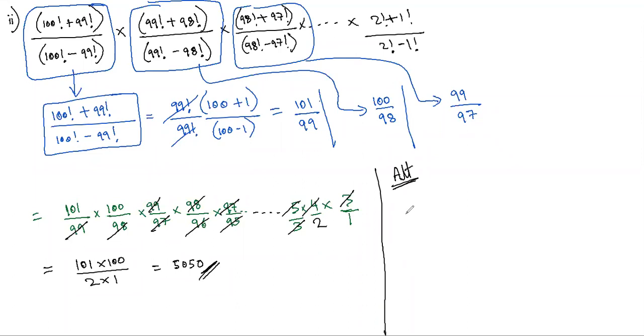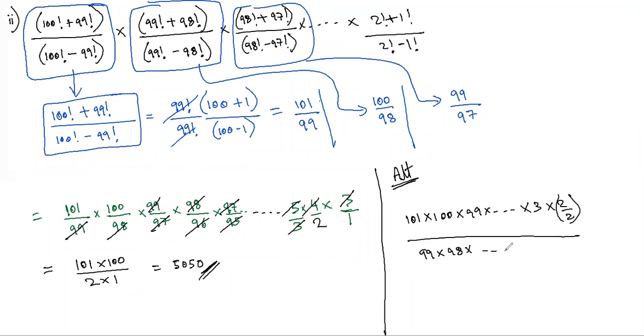The entire numerator, after you simplify, is 101 into 100 into 99 and so on till 3. So what we are doing is multiplying and dividing with 2. Then in the denominator you have 99 into 98 into 97, and so on till 2 into 1. So the numerator is 101 factorial, the denominator is 99 factorial, and there's a 2 over.